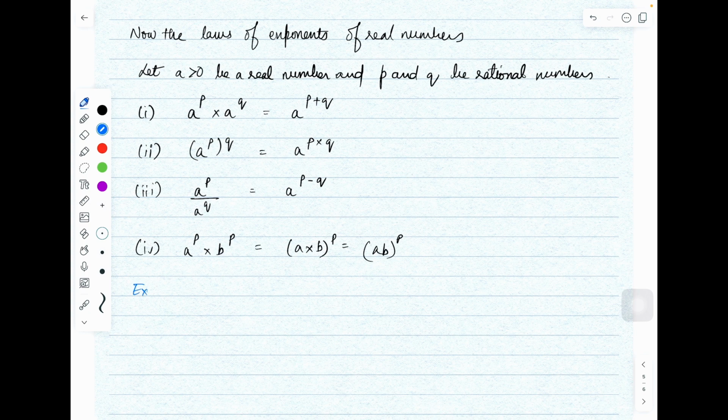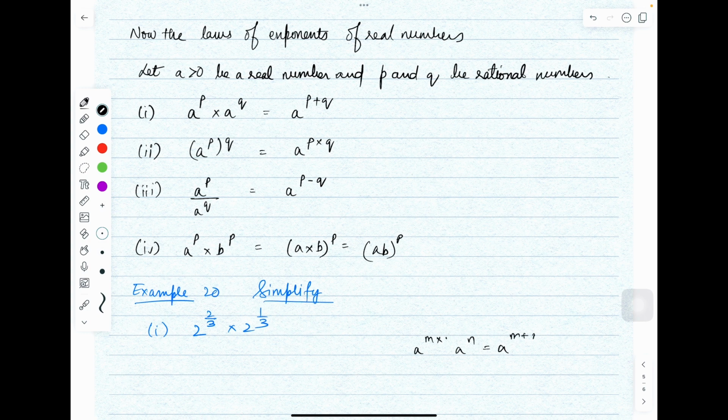Now we'll go for examples. Example 20, it is told to simplify. The first one is 2 to the power 2 by 3 into 2 to the power 1 by 3. We have a to the power m into a to the power n equals a to the power m plus n.